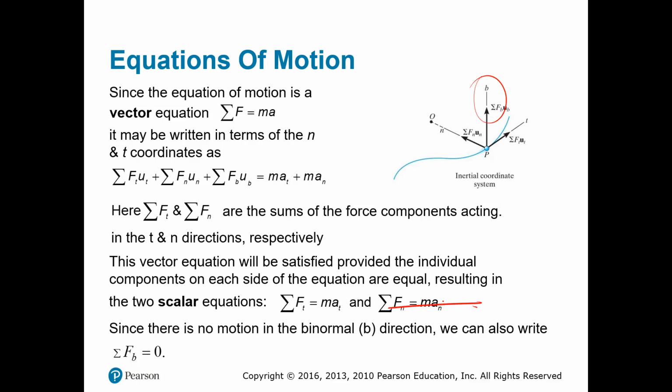The sum of forces in the tangential direction equals mass times tangential acceleration, and the sum of forces in the normal direction equals the mass times the normal acceleration. Since there's no motion in the binormal direction, we can say that the sum of forces in that direction will be equal to 0.